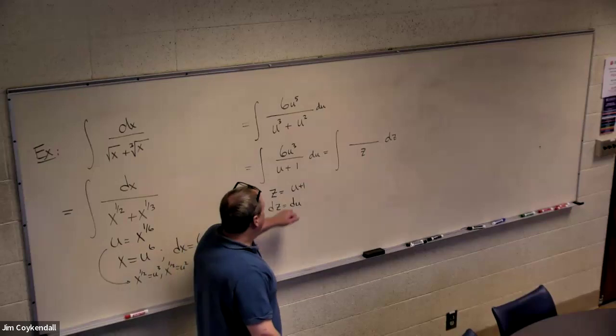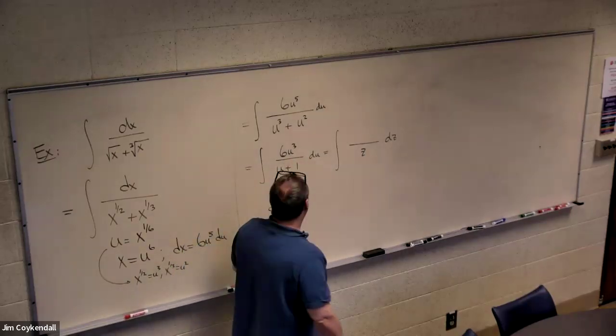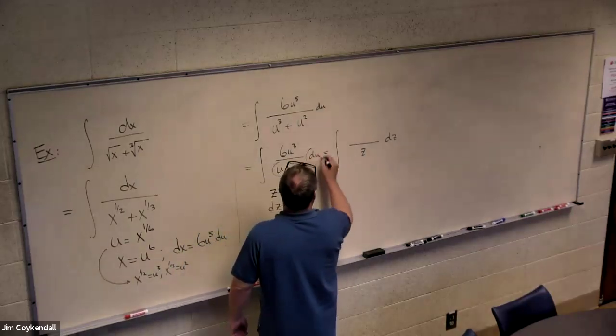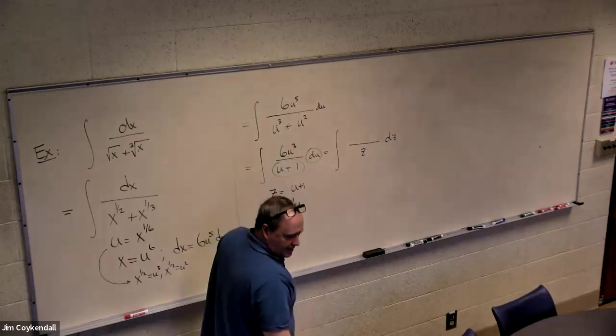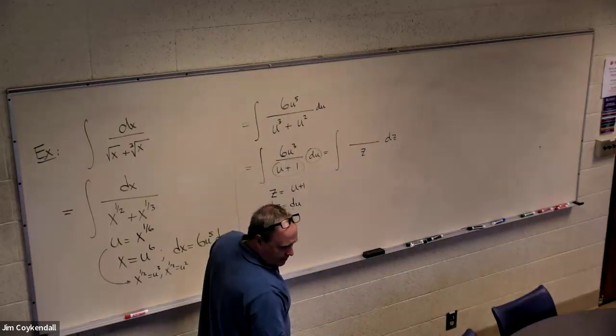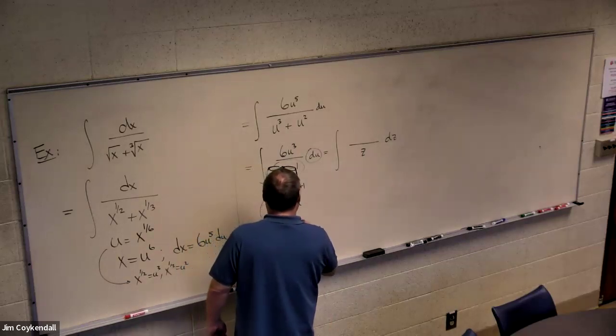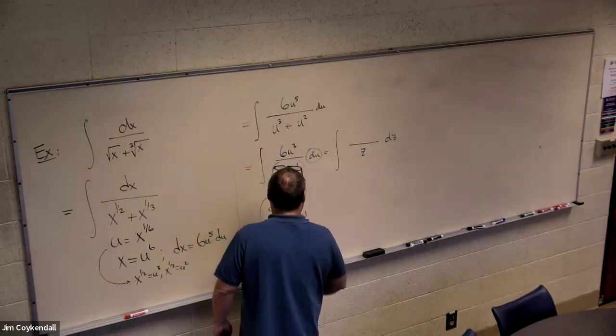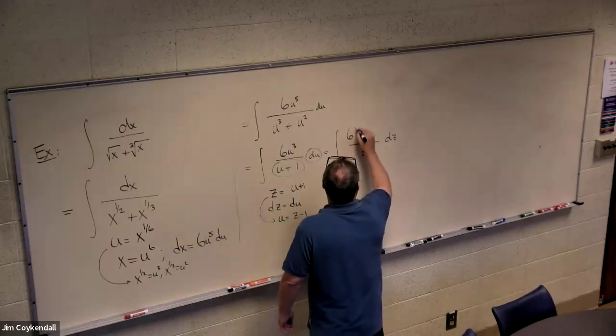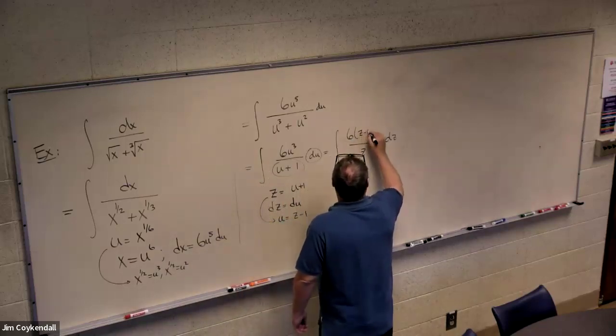I've still got a 6u cubed left over that I've got to take care of. I've got these taken care of. There you go. This is another one of these invertible substitutions. It's really nice. This is 6 times z minus 1.